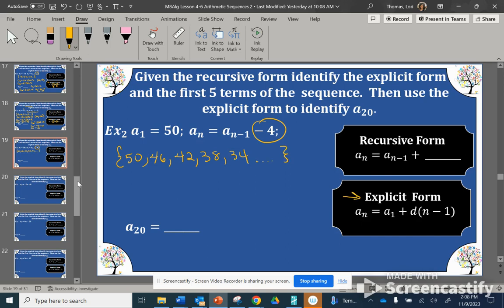Let's write the explicit form by filling in our first term and our common difference. And instead of plus -4, I'm just going to say -4 times n minus 1. Distribute the -4 and combine like terms.